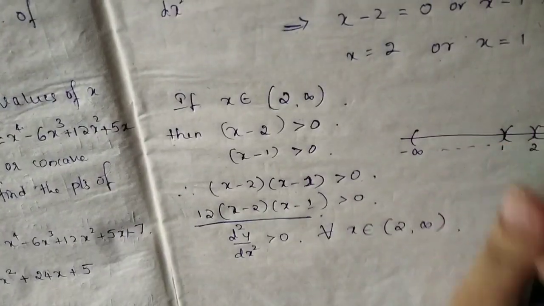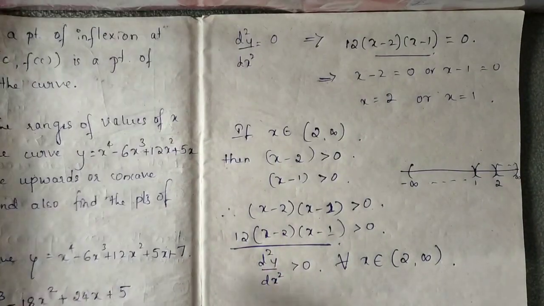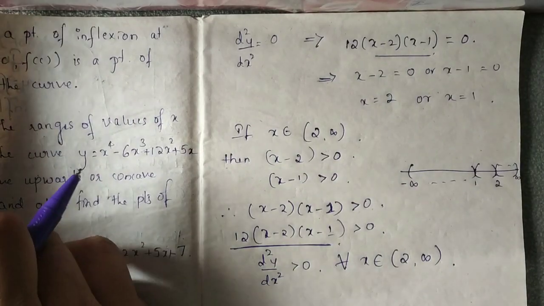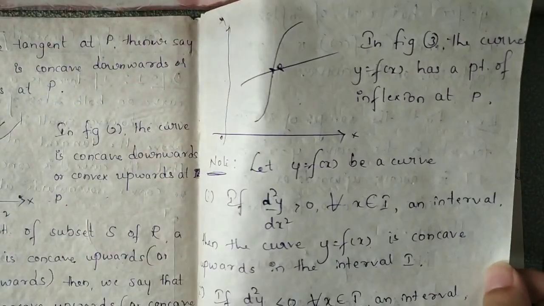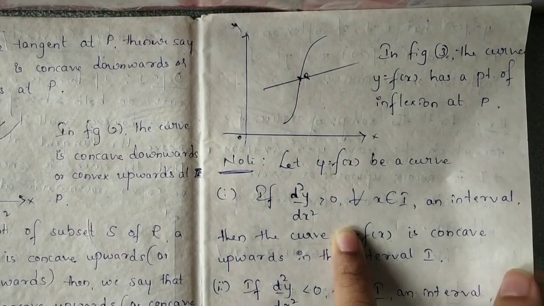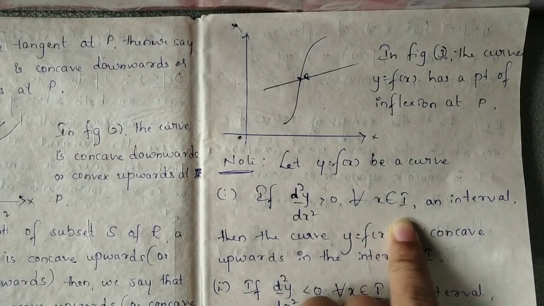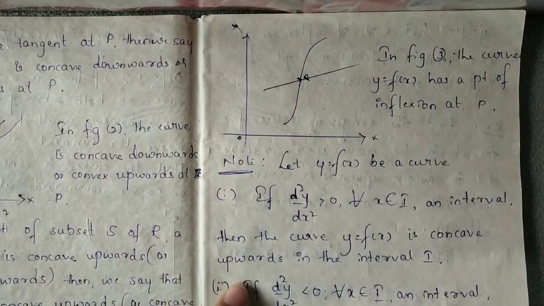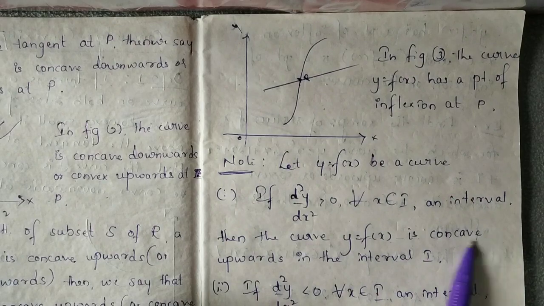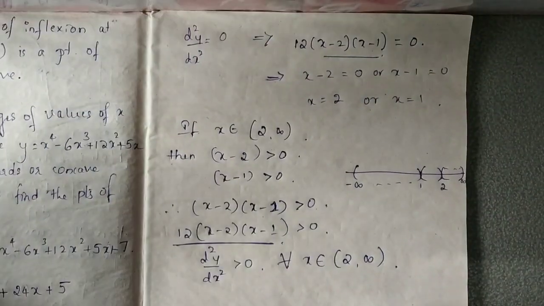Thus, if the second derivative of the given curve with respect to x is greater than 0, then according to the first note, for all x belonging to the interval I, the curve is concave upwards in that interval.